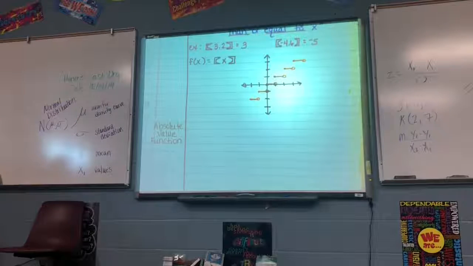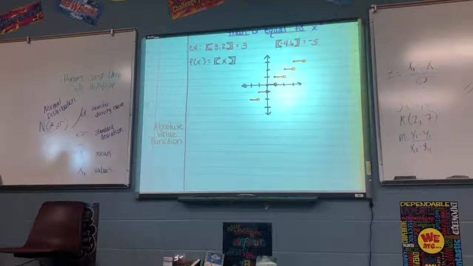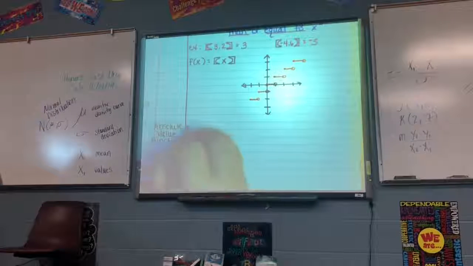An absolute value function is just a function that contains an algebraic expression with an absolute value symbol.